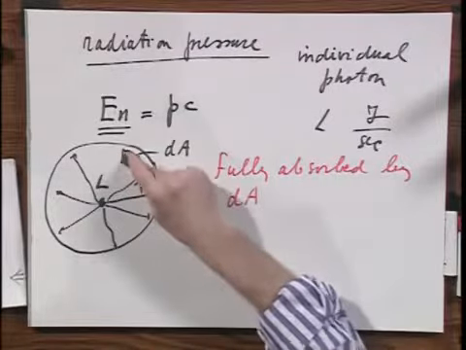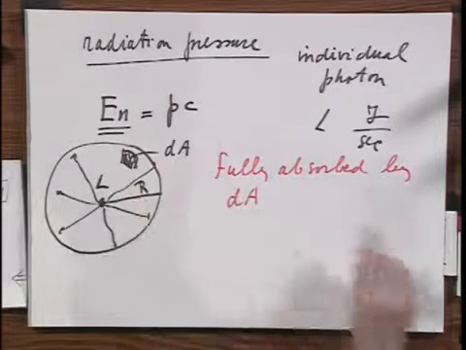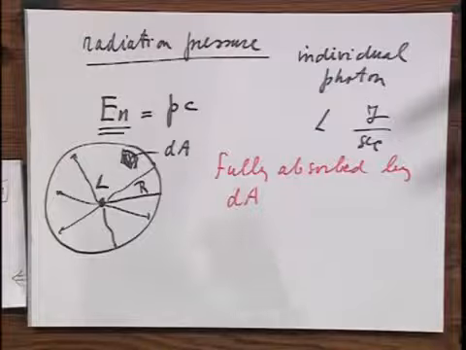There's no momentum left, it doesn't bounce off. And every time you feel a rotten tomato on your face, you feel a little push backwards. You feel pressure. You feel a force. In that same way, this little element dA will feel a pressure. It will feel a force.